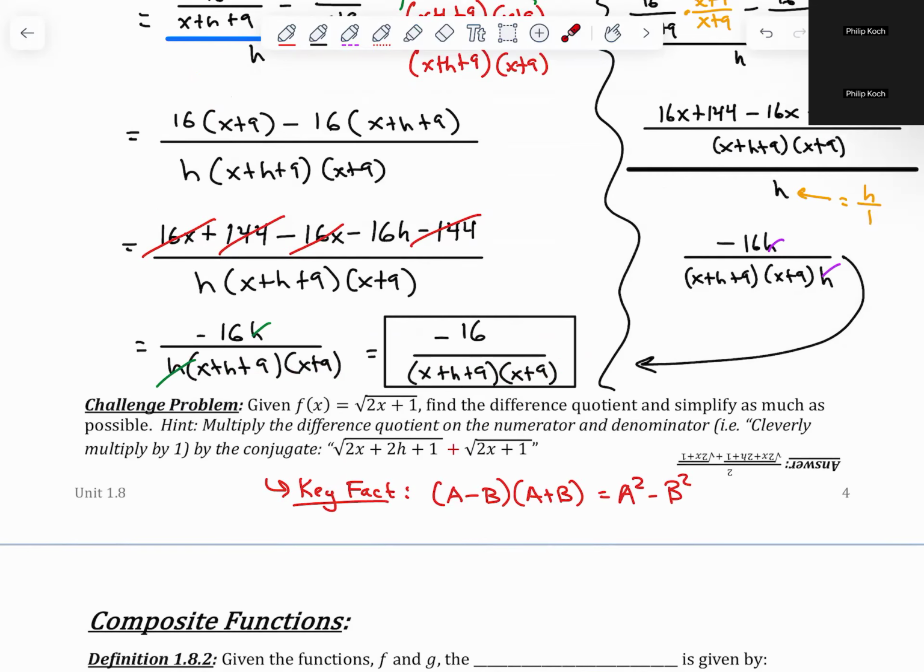If I'm not thinking about the negative 16, I'm just thinking about the x plus h plus 9 and the x plus 9, putting them over 1.